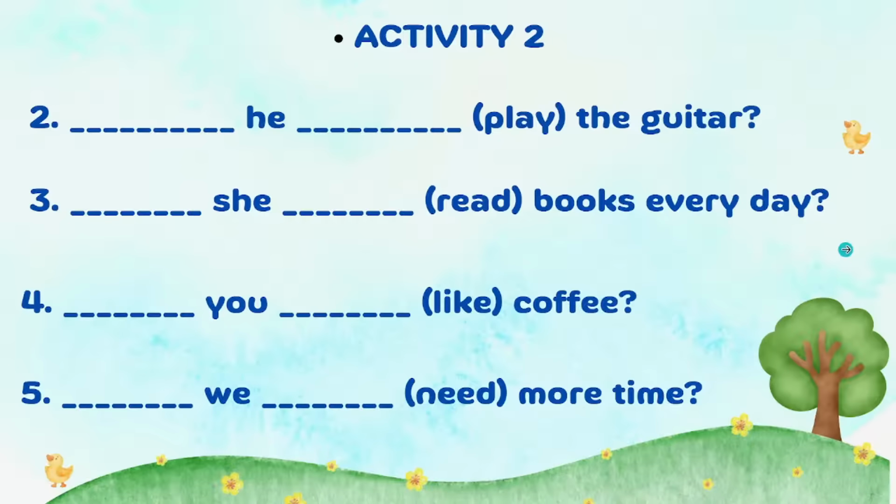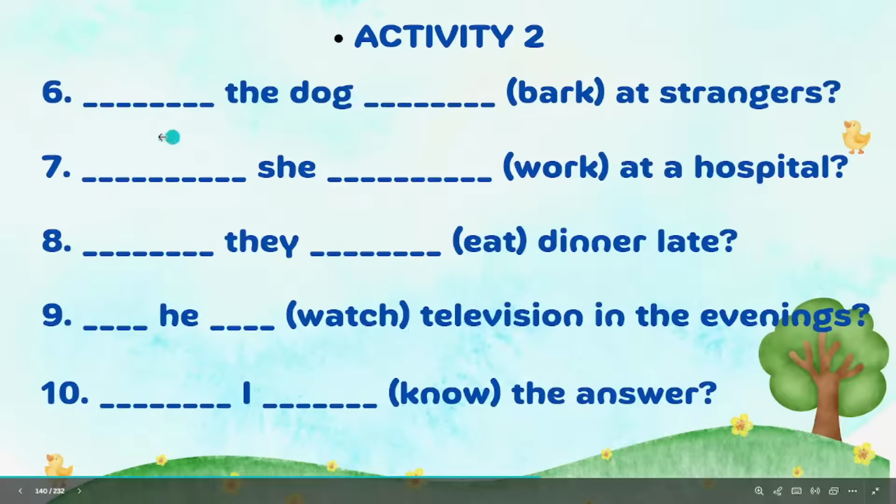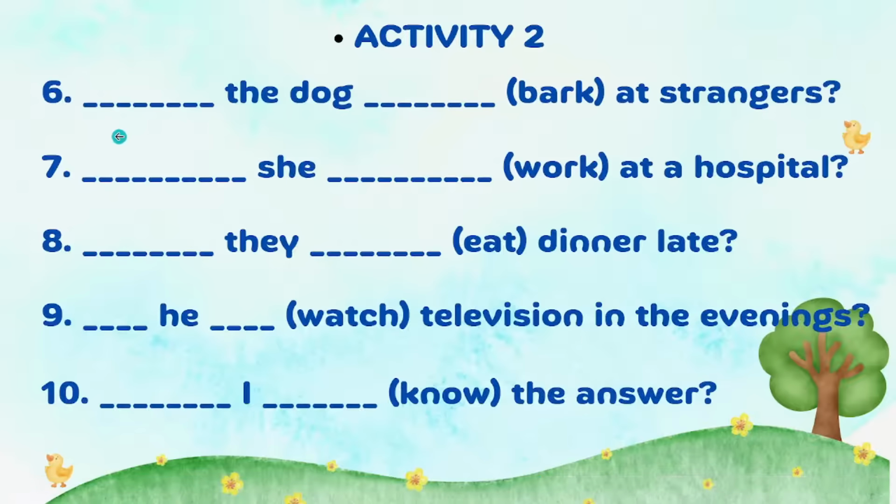Okay. So, next, for number 6. Here, the dog. A dog is what? A thing or an animal? Of course, it is an animal. So, when we say animal, it represents the pronoun what? It.